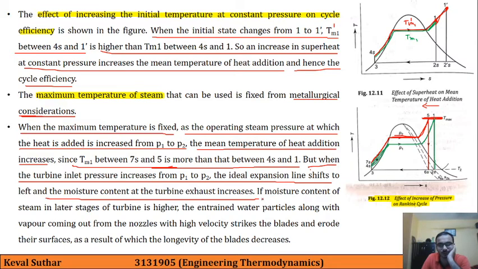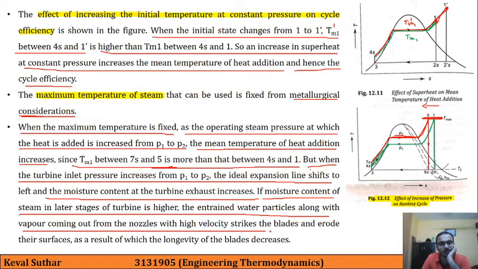Now if the moisture content of steam in later stages of the turbine is higher, then the entrained water particles along with vapor coming out of the nozzle with high velocity strike the blade and erode their surfaces, as a result of which the longevity of blades decreases.